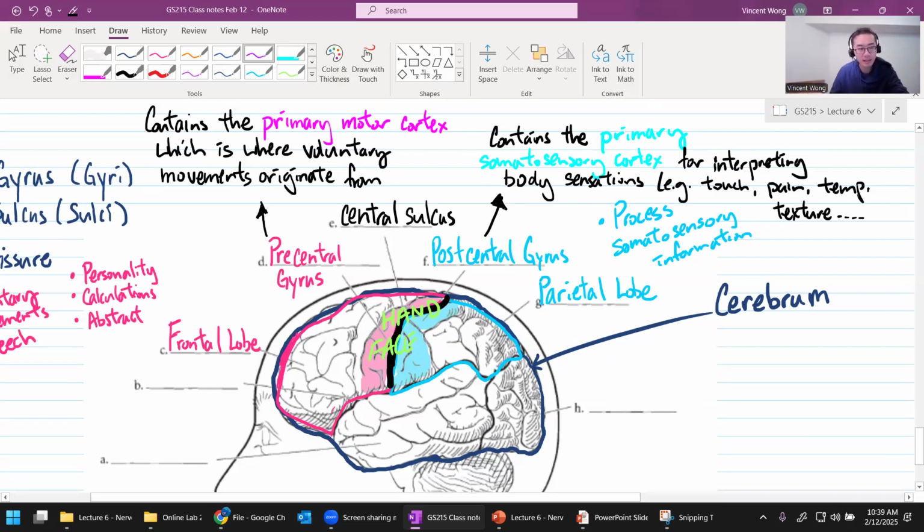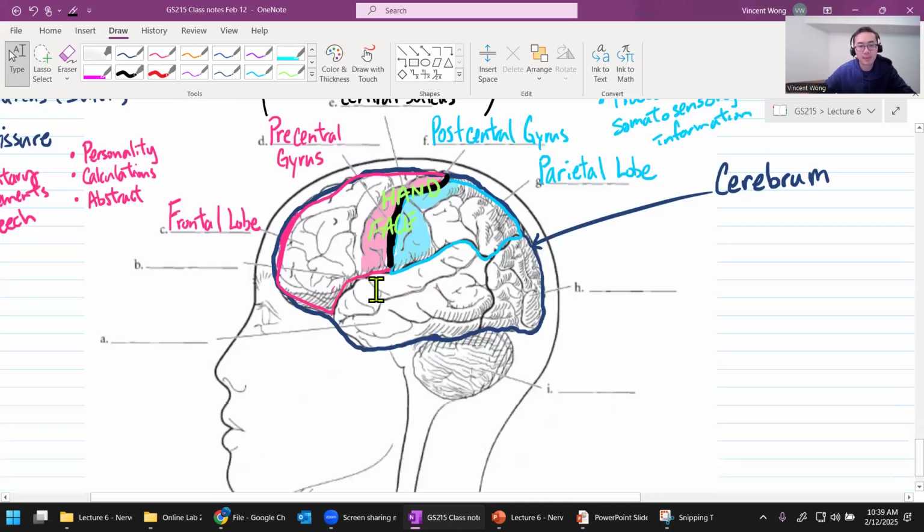Do you understand? The front portion is for voluntary movement, and the posterior side is for sensations from the body parts. Okay, I'll show you a more detailed map later. Obviously it's not just the hand and the face, right? You gotta move your legs and various parts of the body as well. I hope that makes sense.